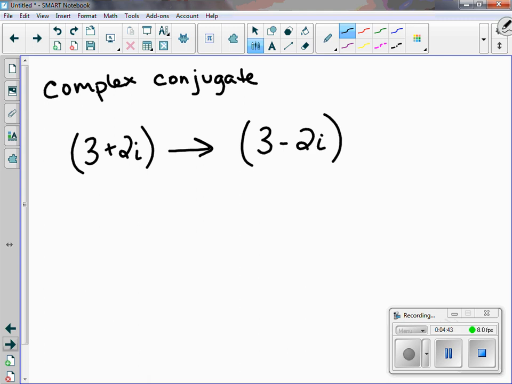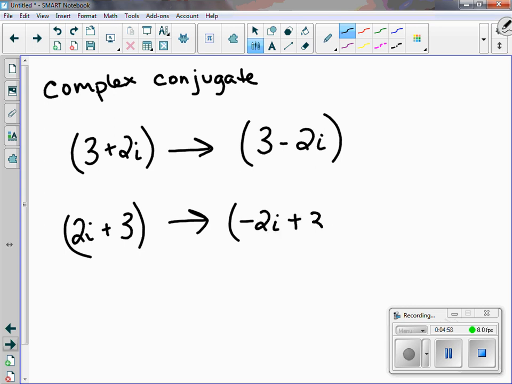So the only thing that changes is the sign in front of the 2i. So don't get confused if this were 2i plus 3. This actually does not go to 2i minus 3. It goes to -2i plus 3. So just something to note. It's the sign in front of the imaginary number.